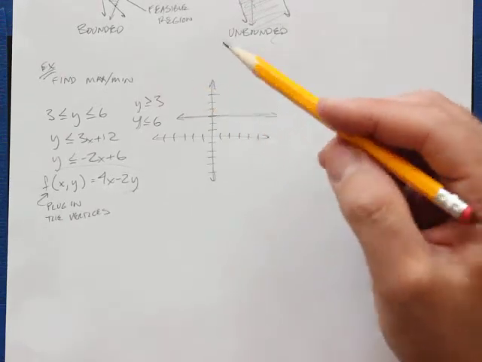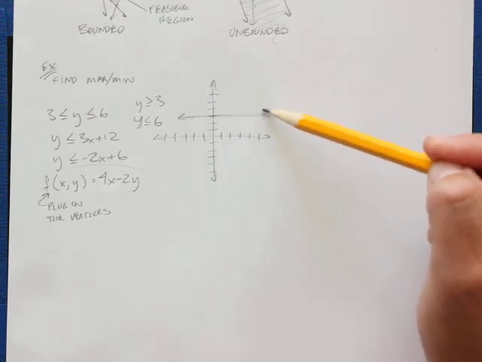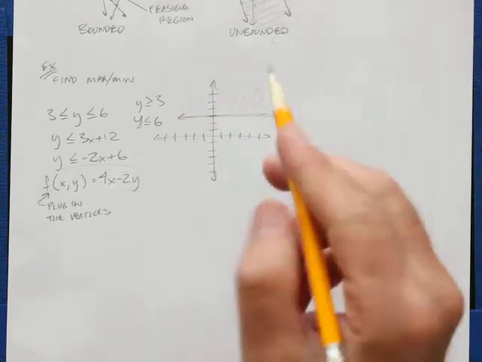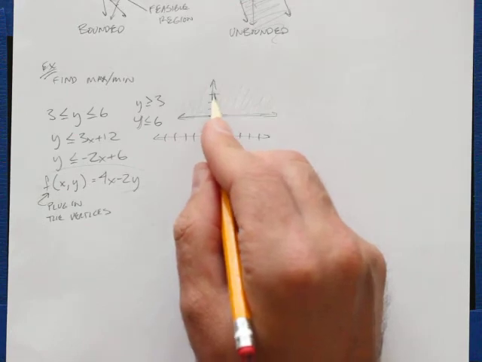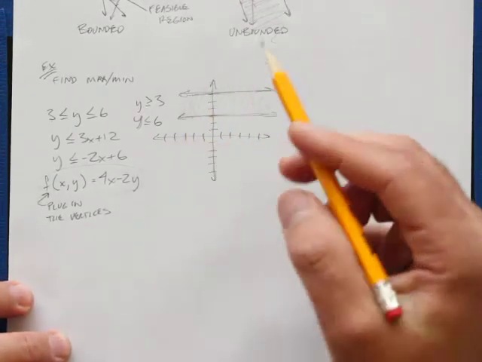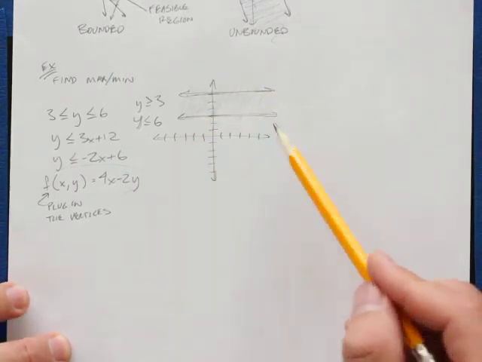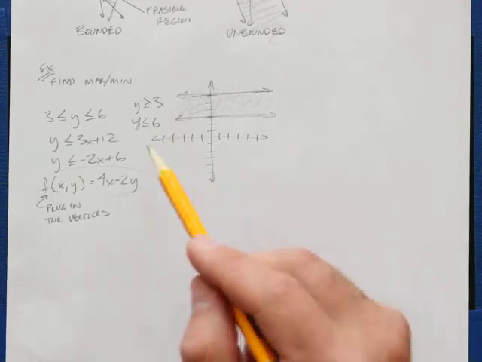And y is greater than 3, so I would shade up above here. Y is less than or equal to 6, so 3, 4, 5, 6, there is 6. And y is less than 6, so I'm going to shade underneath here. So those 2 are done.